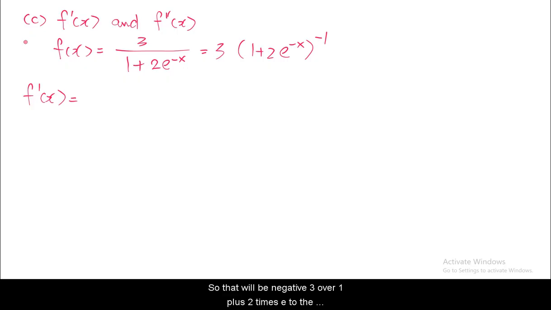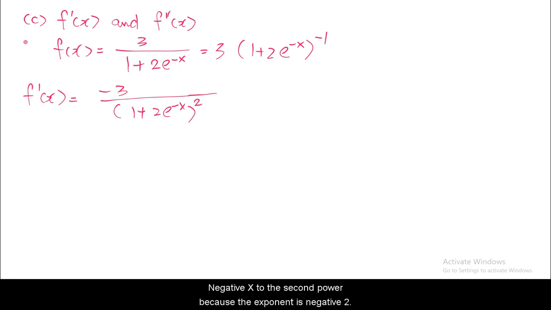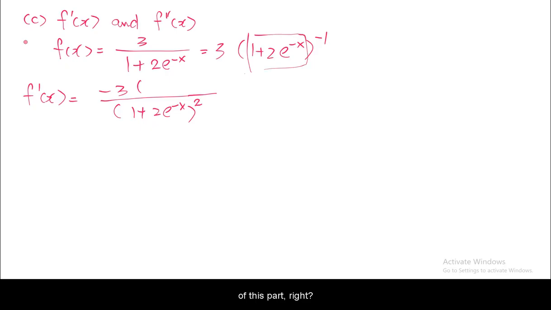That will be negative 3 over 1 plus 2 times e to the negative x to the second power, because the exponent is negative 2 now, and then times the derivative of this part, which is 2 times e to the negative x, but we're not over, then times the derivative of negative x, which is negative 1.